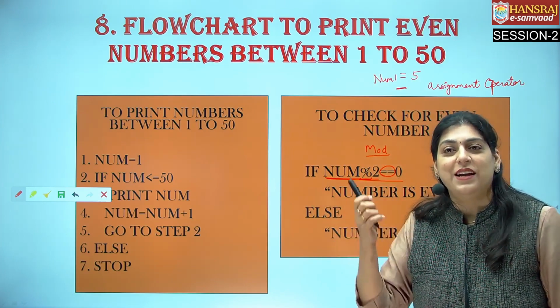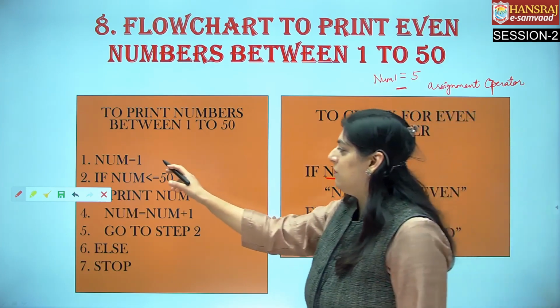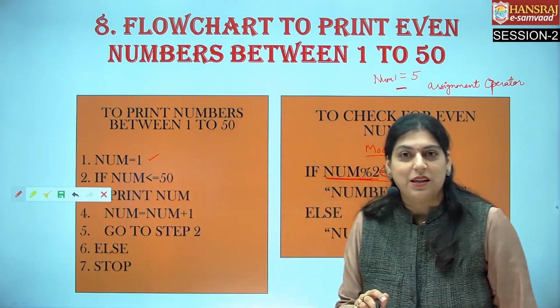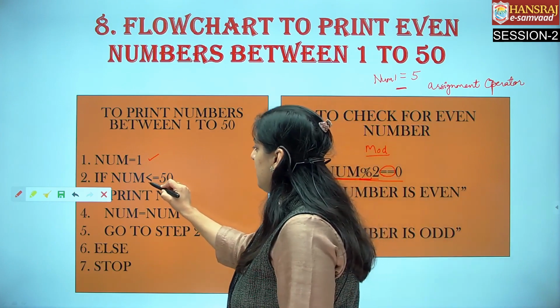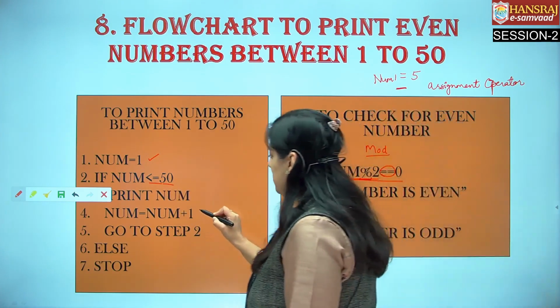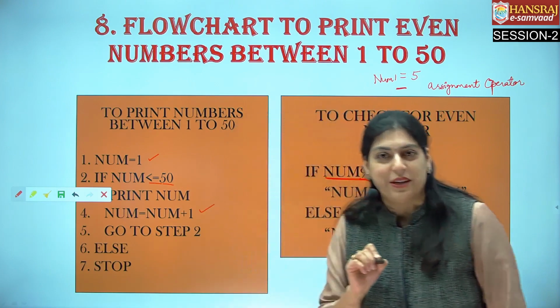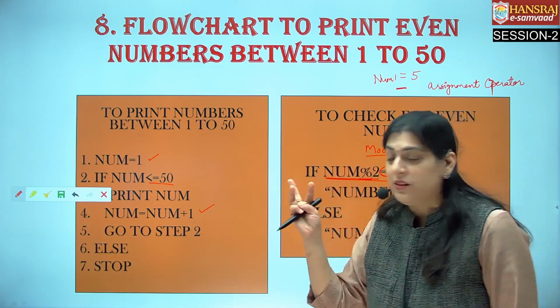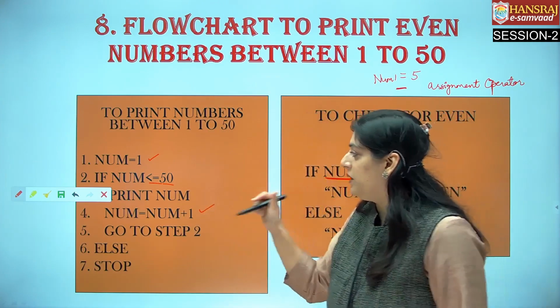How to initialize it? For num1, I need to initialize it with a value, let's say 1 first. How many times? 50. And then there has to be some mechanism to change this counter. That I have done. So 1, 2, 3: all the 3 conditions have to be there.